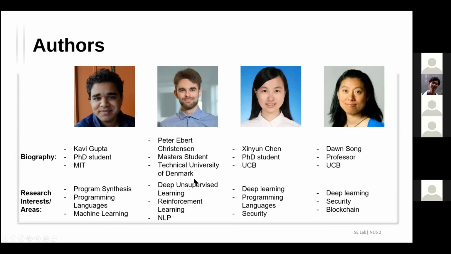Okay, at that time, the first author is an undergrad student in UC Berkeley. Sorry? You can see the first author is a PhD in MIT, right? Yeah. I think he was an undergrad student at UCB at that point in time. Okay, so this work was finished when he was an undergrad student in UC Berkeley.